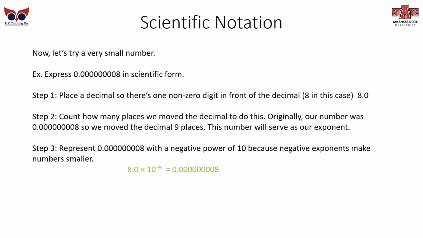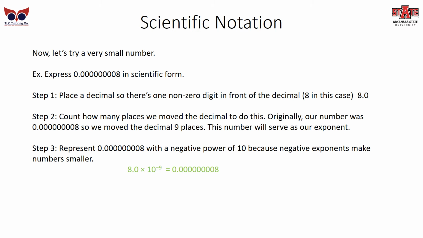Now let's try a really small number, which is also important. So whatever this is, 0.000000008, in scientific form. Same idea. We're going to move the decimal so there's one non-zero digit in front of the decimal, an 8 in this case. So that's 8.0. We count how many places we moved the decimal from our original number.